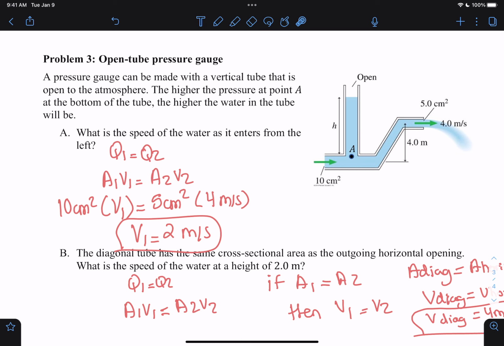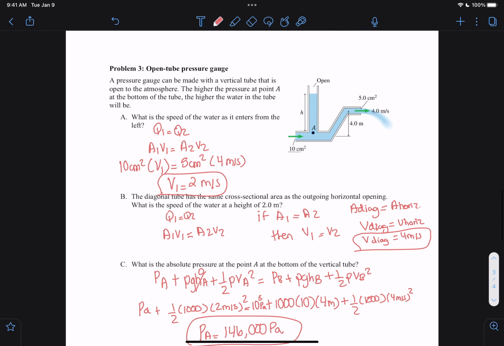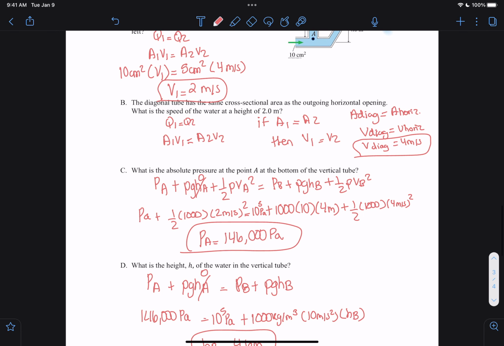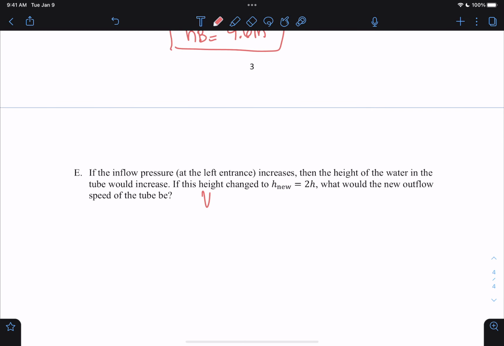Why? Because if we double here and here while the area remains the same, that helps us maintain the constant flow and the continuity equation. So all we know then is that this V new, whatever it is, has to equal, what is it called?